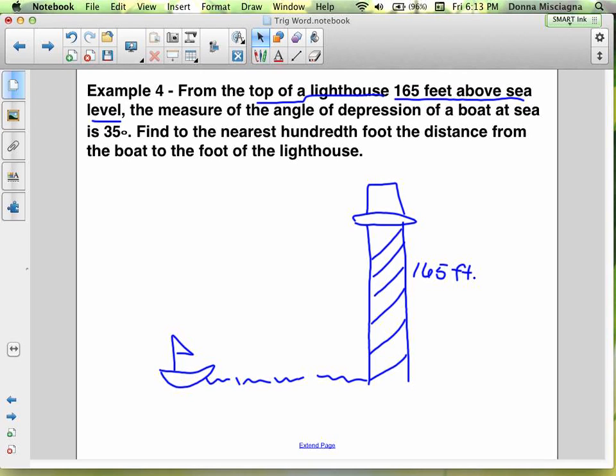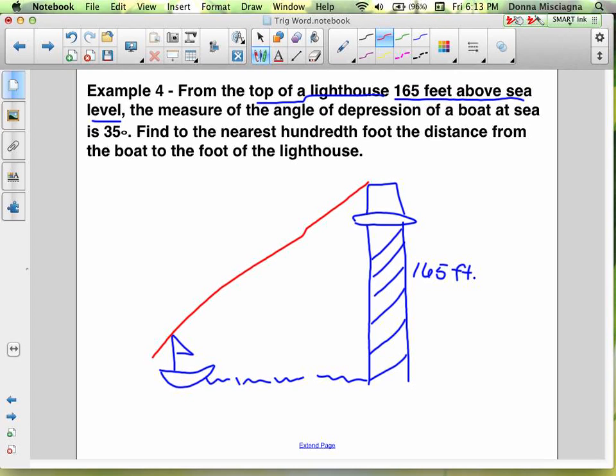Let's draw a triangle between the boat and the lighthouse and figure out where the angle of depression goes. Here's someone looking out. This is the angle of depression. Very important, the angle of depression is not inside the triangle.